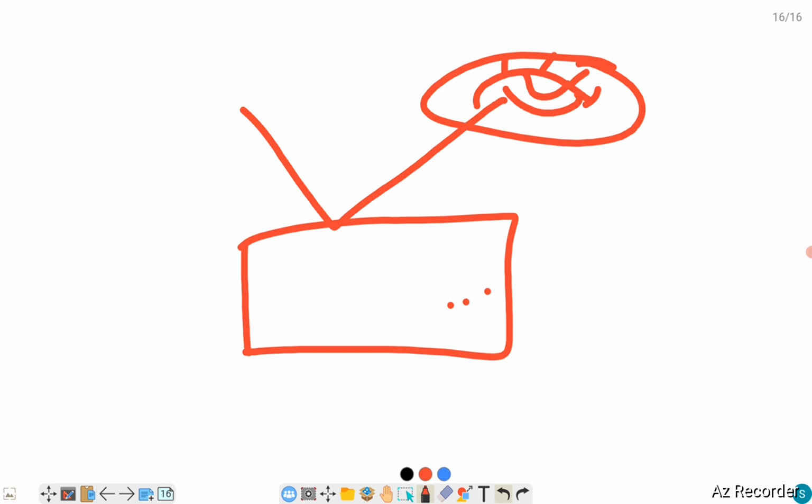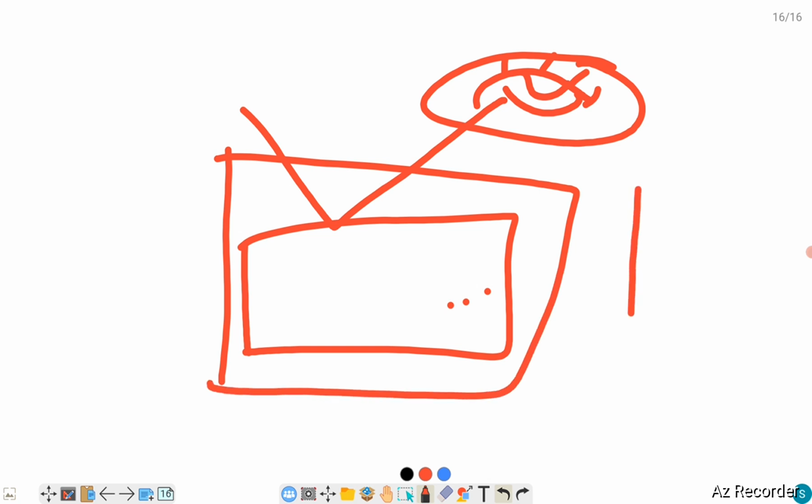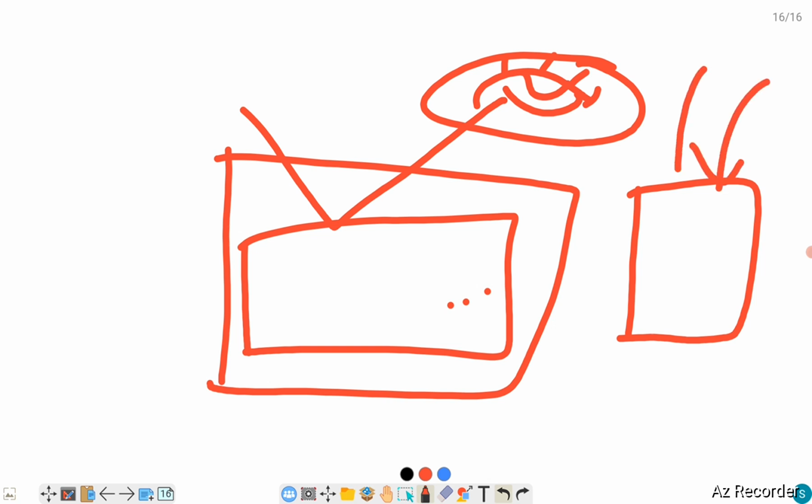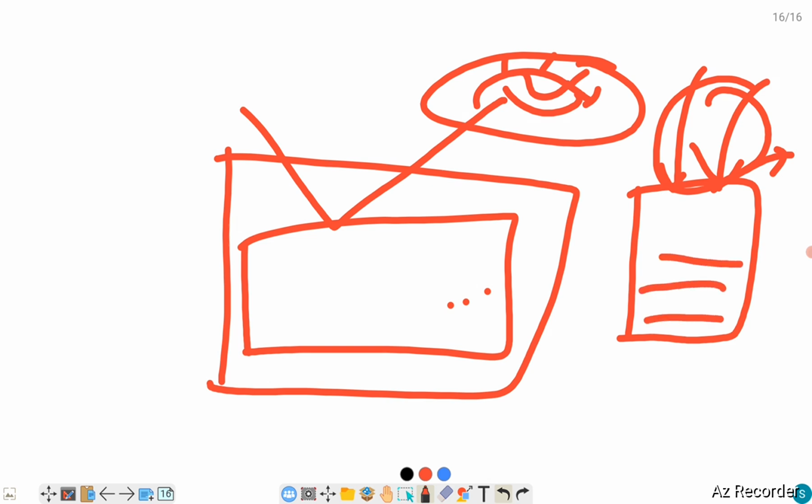Correct, right? If you are in one room, can you be able to see the things in the other room? No, right? Because on these objects also the light falls, but this light after reflection is not reaching your eyes. That's why you are not able to see those objects.